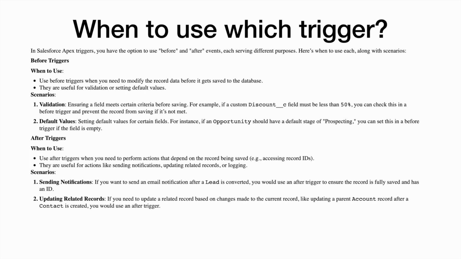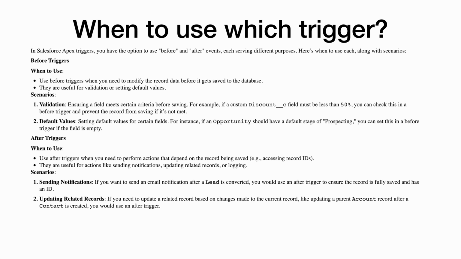After events trigger after you insert, update or delete the records, once the change is reflected in the object. For example, you are inserting a record, and based on that record you want to update a related record. In such cases you need to use the after trigger.